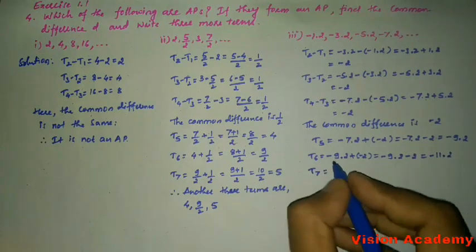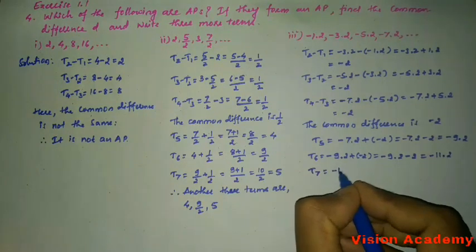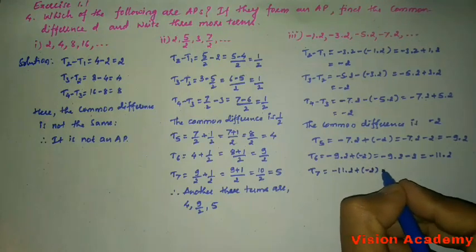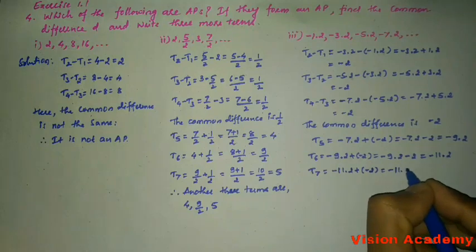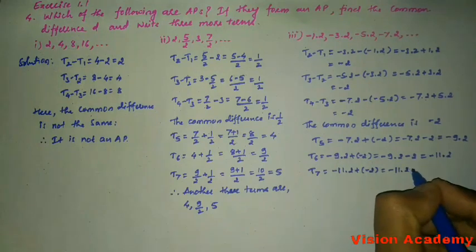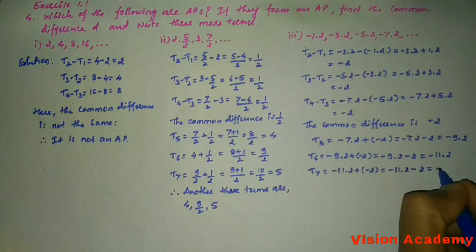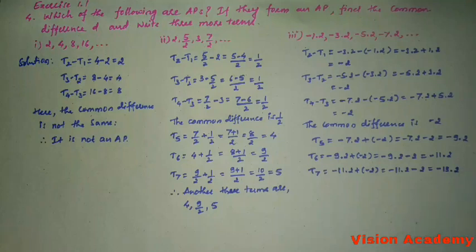Next, T7 is equal to minus 11.2 plus minus 2, which is equal to minus 11.2 plus into minus is minus 2, which is equal to minus 13.2.